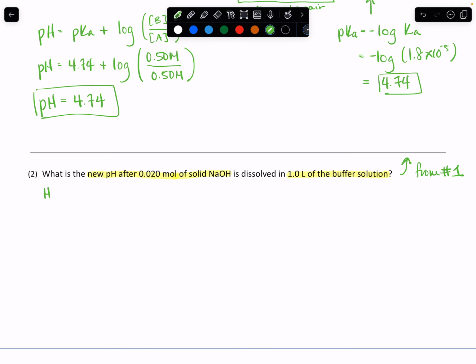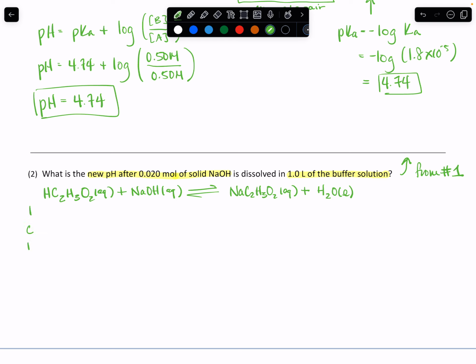We have a base that's being added, so we'll put the acid, HC2H3O2 aqueous, plus NaOH aqueous, in equilibrium with NaC2H3O2 aqueous plus H2O liquid. So this is what we've got.